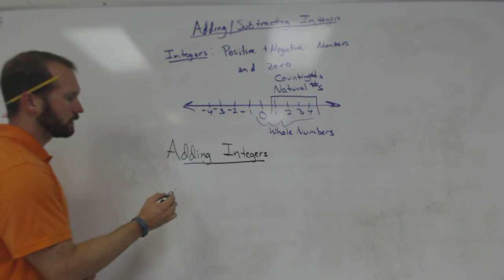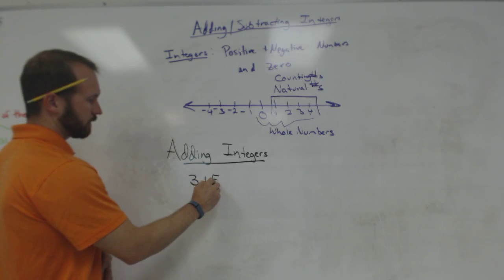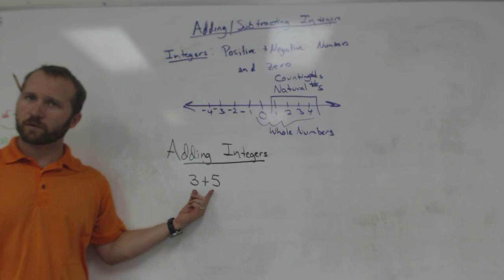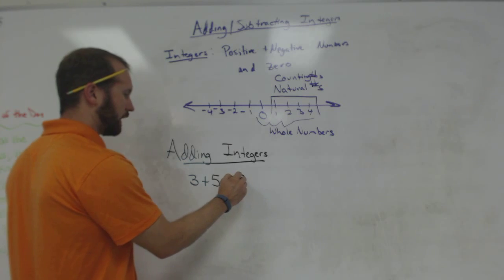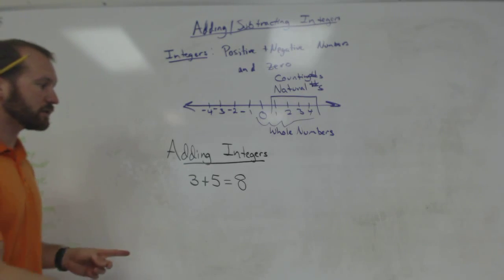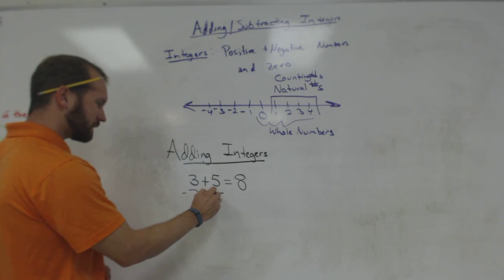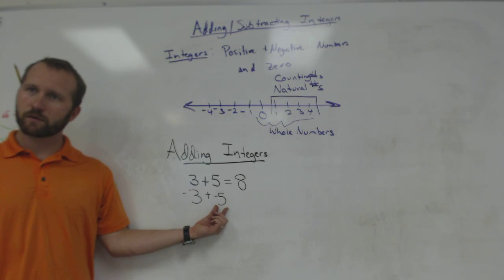Adding integers. You guys have been doing this for a really long time, right? 3 plus 5, you guys know that those add up together to make 8. Negative integers can also add this way, okay? So if I had negative 3 plus negative 5, these are both negative.